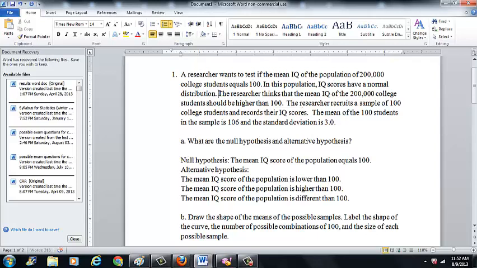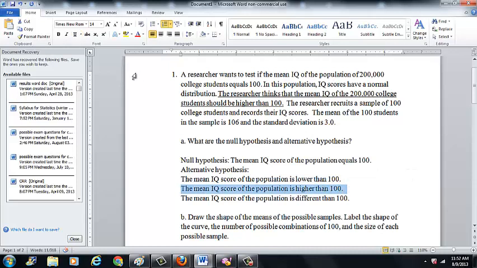This is the important sentence to look at. The researcher thinks that the mean IQ score of the population should be higher than 100. So this is what the researcher is hoping to back up. The researcher wants to show evidence that the mean IQ score is not equal to 100 and is actually higher than 100. And the alternative hypothesis is what the researcher is hoping to support, which is this second one right here.